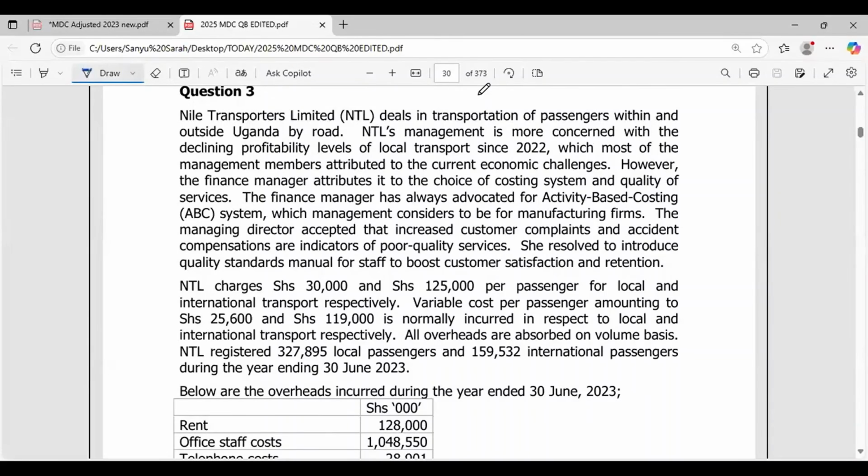So in this case, we come and show the two products we have.